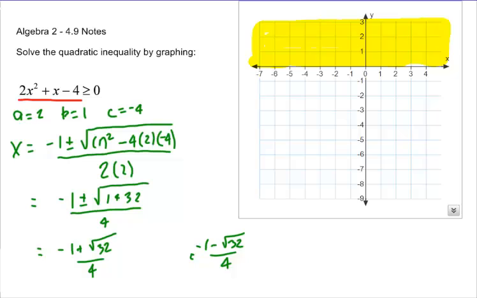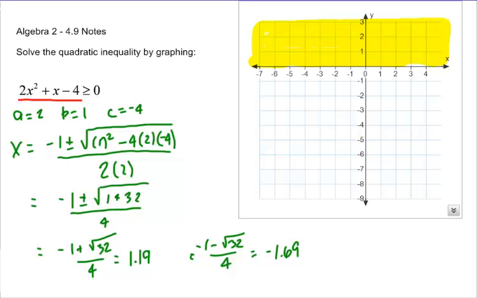So what's going to end up happening is you're going to end up with decimal answers. One of the decimals is going to be 1.19, and you can punch this into your calculator. The other decimal is going to be -1.69.